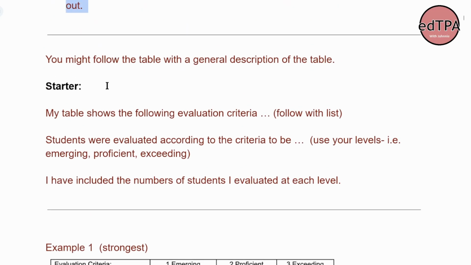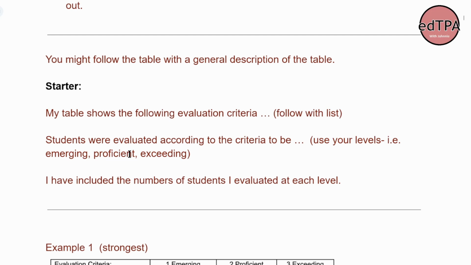Here is how you might go about this. You might start with a description of your table. My table shows the following evaluation criteria, followed with a list. Students were evaluated according to the criteria, and then use your own levels. So it could be emerging, proficient, exceeding. Proficient might also just be the word meeting.